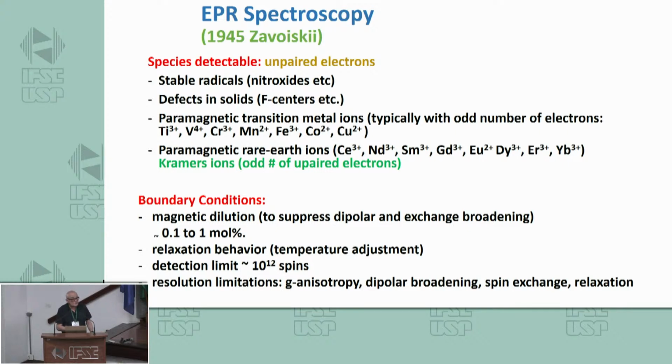And at a certain point, we will actually not even be able to observe the signals because of very rapid spin flips that are promulgated by these dipolar interactions. So we are looking generally at magnetically diluted species at a level of 0.1 to 1 mol percent or even lower.